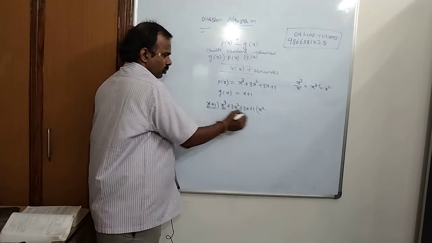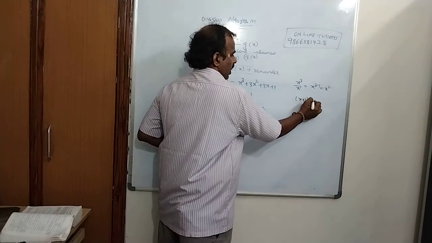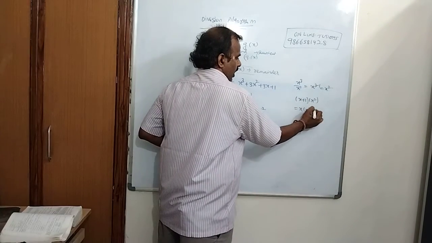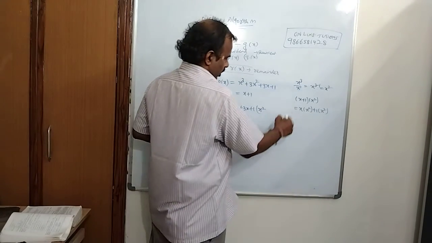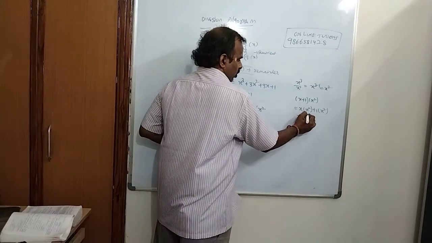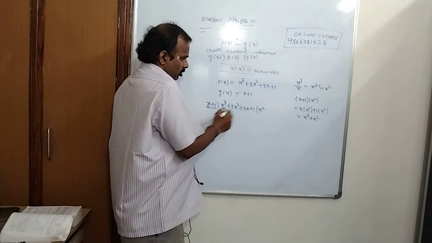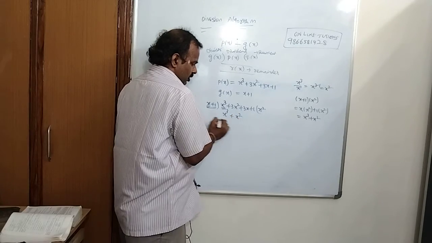Now x plus 1 into x square: x into x square plus 1 into x square. x into x square will be x cube plus x square. Now write this here, x cube plus x square.